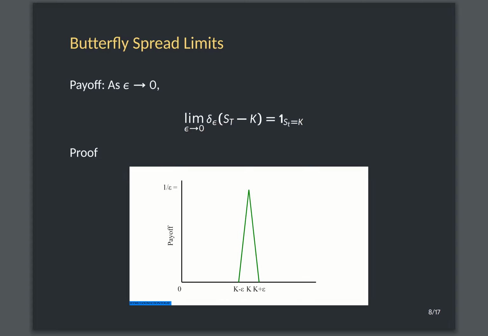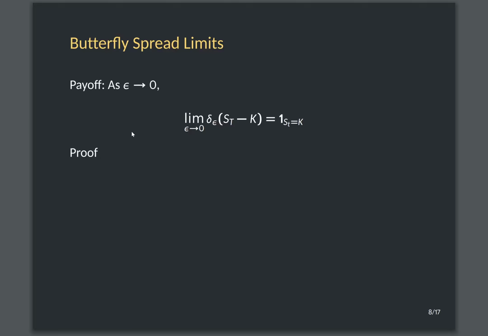In the interest of time, we provide an animation to build intuition of this result. Note that our scaling and normalization ensures that the height of the butterfly spread's payoff is 1 in the limit. This animation is slightly limited as it doesn't explain why this is the case, but it helps to build a quick intuition.